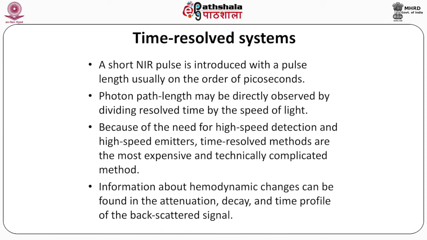Because of the need for high speed detection and high speed emitters, time resolved methods are the most expensive and technically complicated method. Information about hemodynamic changes can be found in the attenuation, decay and time profile of the backscattered signal. So the resolution of this system is time based.